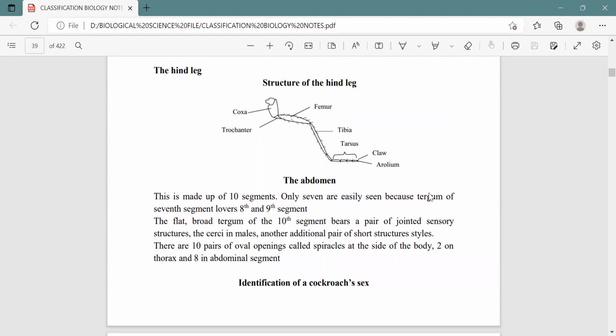So it is important at this level that we may use a hand lens and other magnifying instruments, other magnifying glasses, to observe tiny structures like those found on wings, those found on legs, so that we can be able to teach them to our learners.